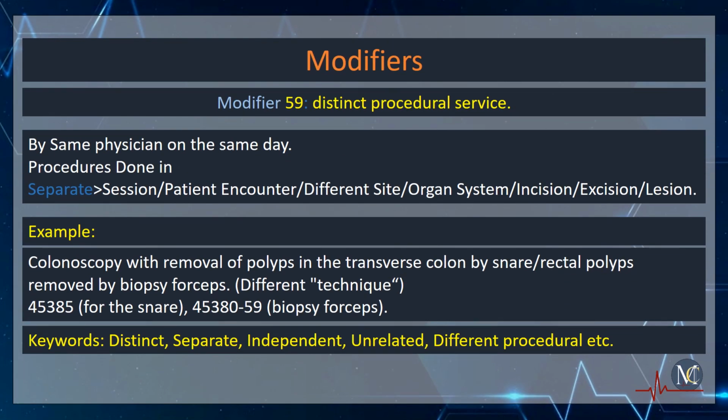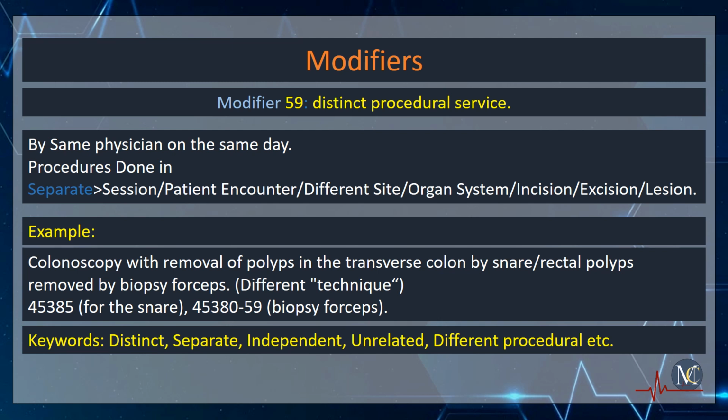Modifier 59. CPT modifier 59 is also known as distinct procedural service. It is used to indicate that two or more procedures or services were performed during the same encounter, but each procedure or service was separate and distinct from the other.